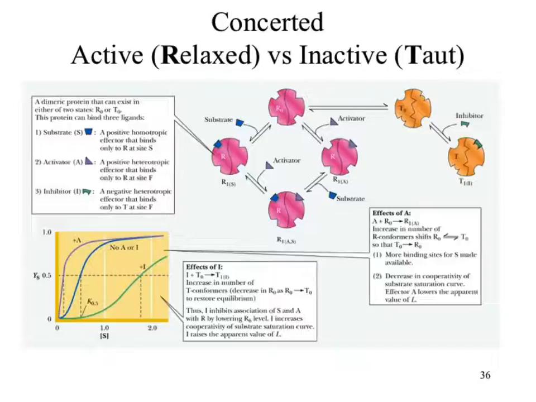Well, there's now no equilibrium here. Substrate just binds, which means hyperbolic. Because we have such a high concentration of the taut as our standard state, we have a very small concentration of the relaxed. The substrate binds, and that removes it from the solution. We have to form more relaxed.